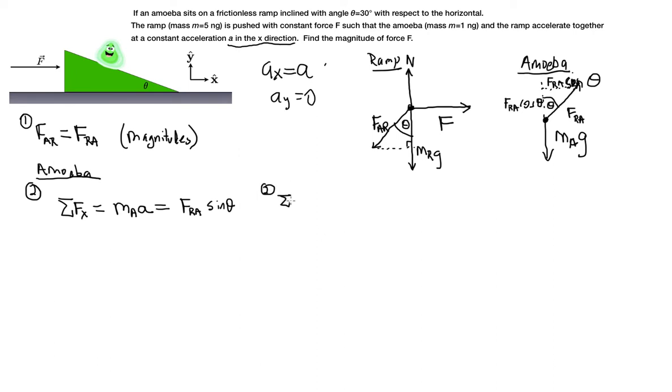In that case, it's the sum of the forces in the y direction. We know that they're 0 because that's m_a times the acceleration in the y direction. We know that's 0 from the givens in the problem, so let's get going and say, all right, I can decompose that, and I get F_RA cos theta. Genius.